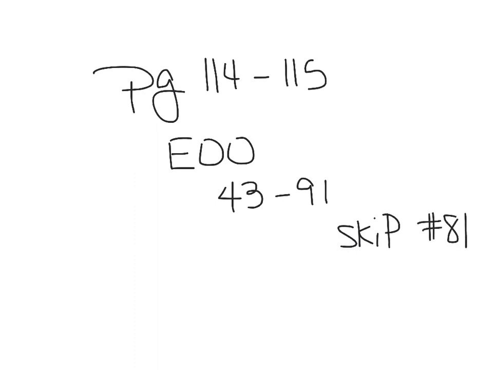But I would look at the solution file to get the numbers to work out. So start at 43, and then it skips 45, 47, and then look at the solution file to get the numbers to work out. Any questions?